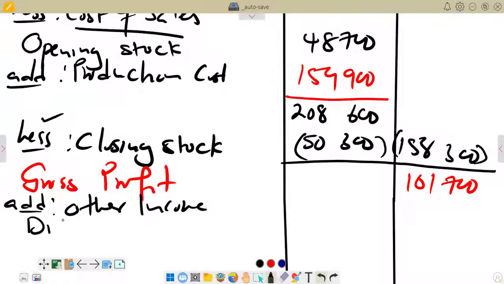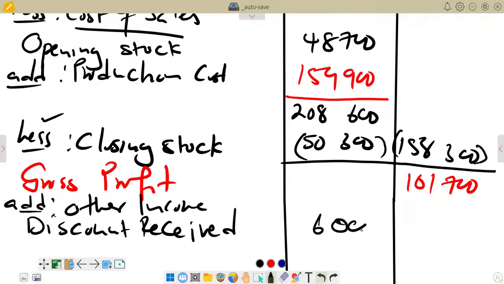In our question we've got discount receipt, and the figure there is 6,000. This is the only income that we have in the question, so it's going to come in here. You can put 6,000 here, and we just indicate it again as 6,000.